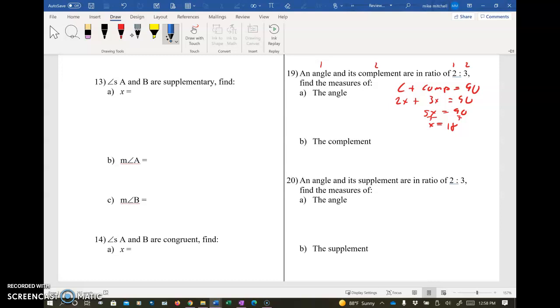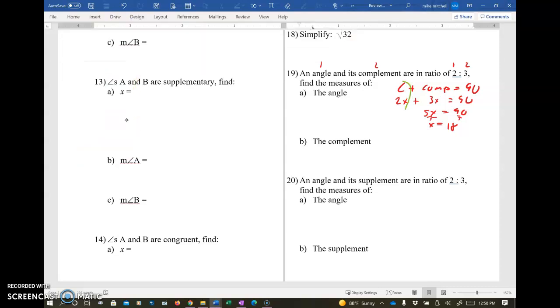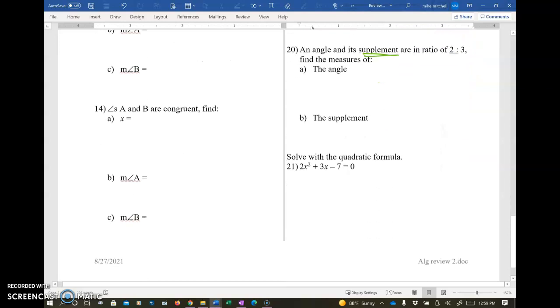I want to find my angle. So that's going to be the angle equals 2x, which is going to be 2 times 18. And I can get my answer. Same sort of thing for the complement. This one mentions supplement. So the only thing that changes is the 90 to 180. You got the same ratio, so it's going to set up the same.